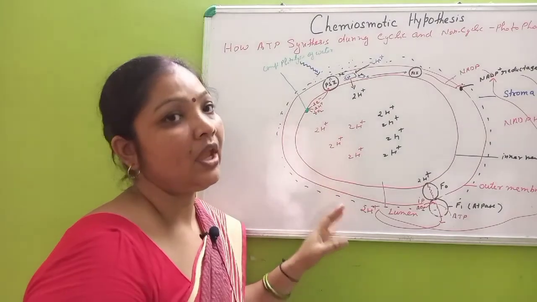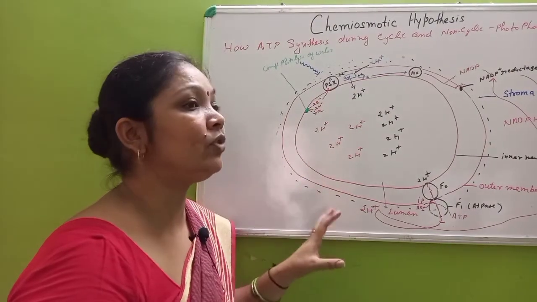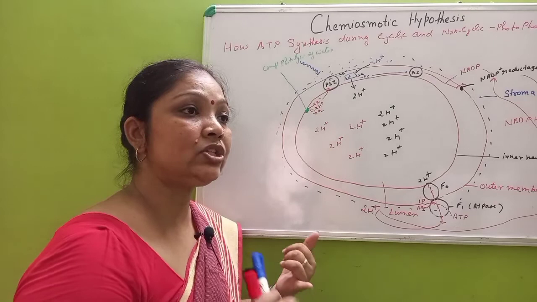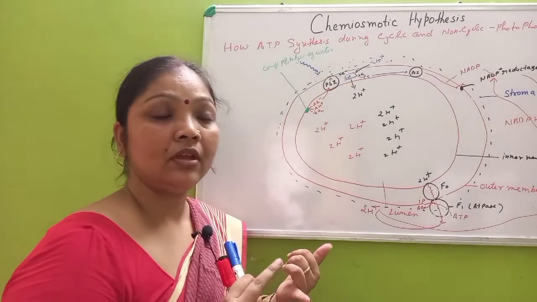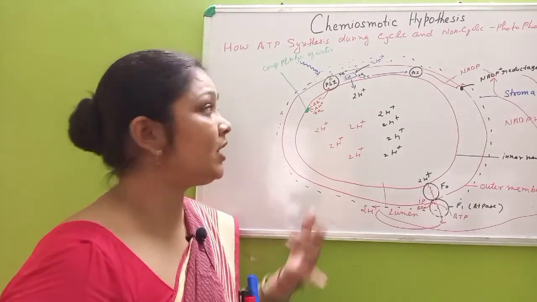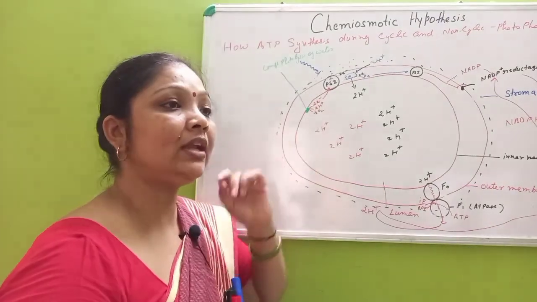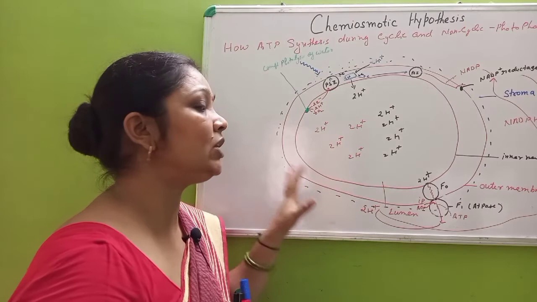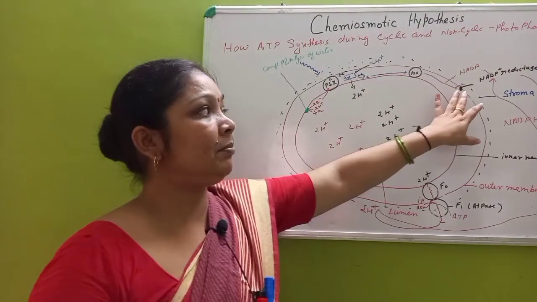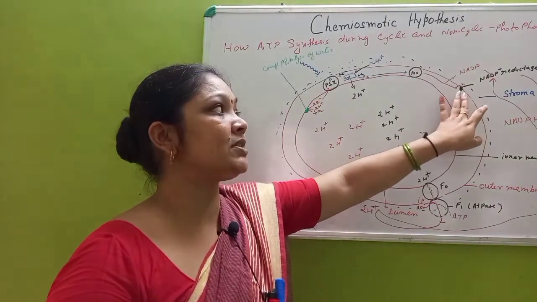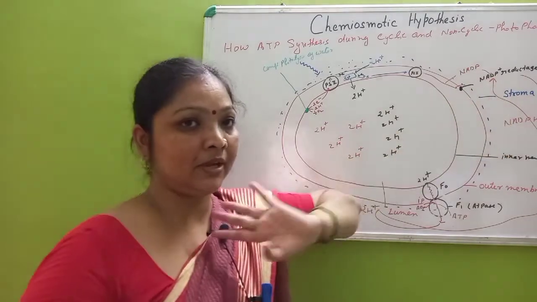This is shown here. Now for remembering this, we have to remember that the site of water splitting lies on the inner thylakoid membrane. Second, we have to remember that the site of NADP reductase enzyme is present on the outer membrane.